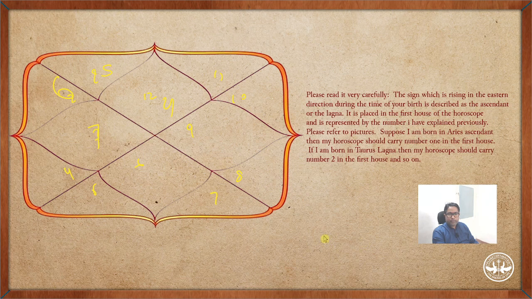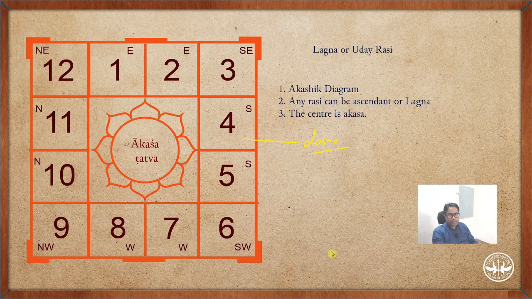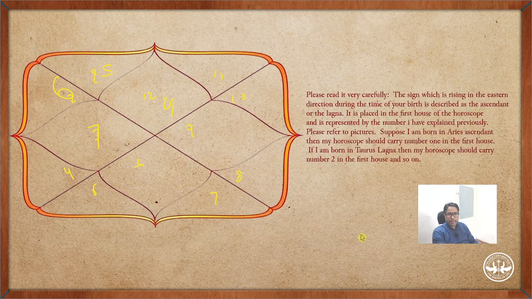Okay, so in the South Indian chart, obviously the whole thing is fixed and they don't change it. These numbers are fixed. Aries is here, Taurus will be here, Gemini will be here. It will not change in this chart. In the North Indian chart though, we change them. Cancer will be placed over here, and 5, 6, 7 are placed like this.